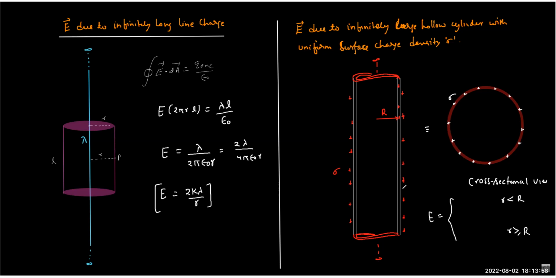This is a cylindrical shell, and it is uniformly charged. So inside the shell, the electric field will be how much? It will be zero, because there is no charge enclosed if you draw any Gaussian surface.